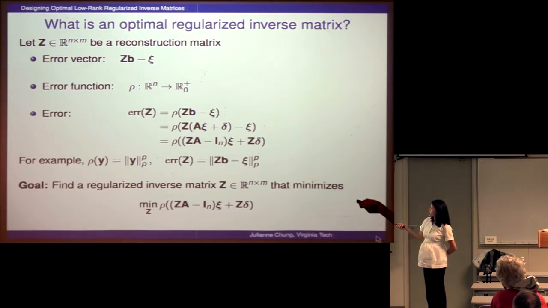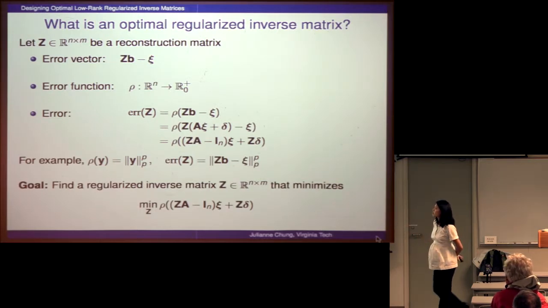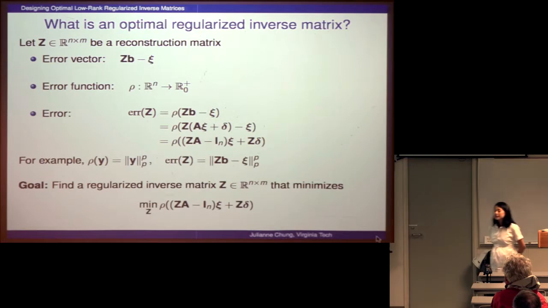So this is the error as a function of Z. I can think of different p-norms, for example, or 2-norms if you like. The basic idea of this project is to find a matrix Z which would minimize the error over all of my training data.